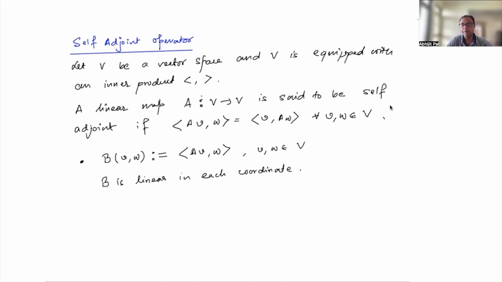B is a map from V cross V to R. This vector space, let us take it over R. So B is linear in each coordinate.